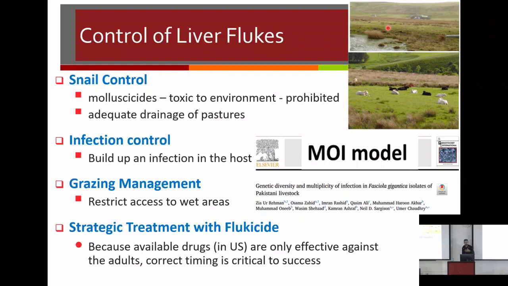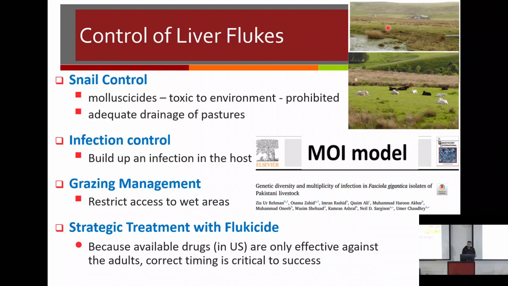Without knowing at which time point you will see this infection, you can't treat, because the treatment plan is different. You don't have triclabendazole. You need to know at which time point the adults, the mature flukes, are. Grazing management is also important.